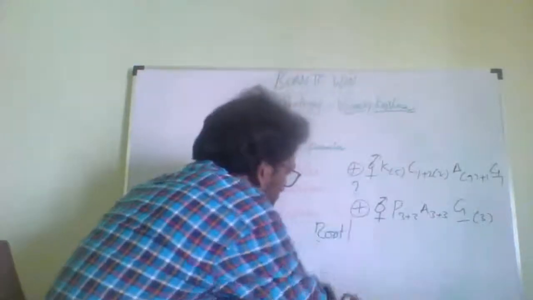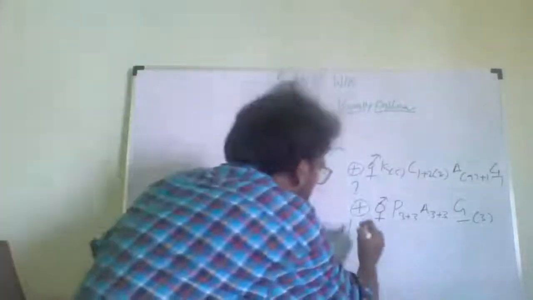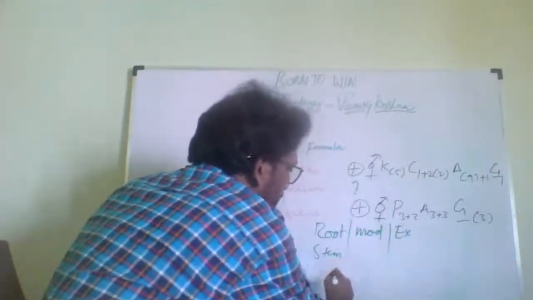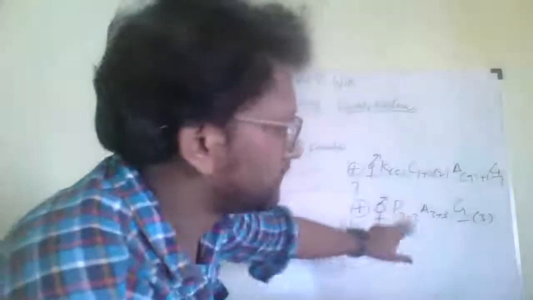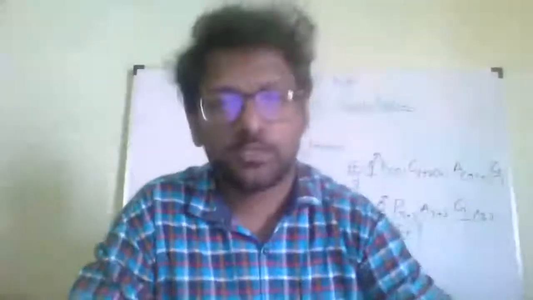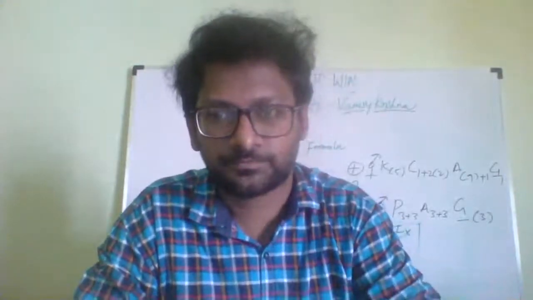And then you can make a column, and you can write the modifications, right? And you can write examples like that: a root, stem, and leaf. Likewise, if you make a tabular form, right? It will be very easy for you guys to recollect the things, right?